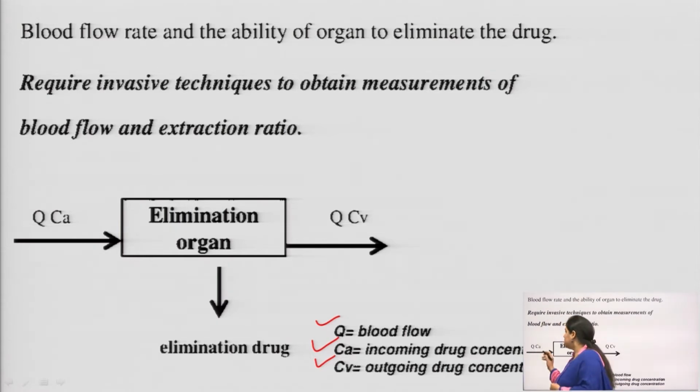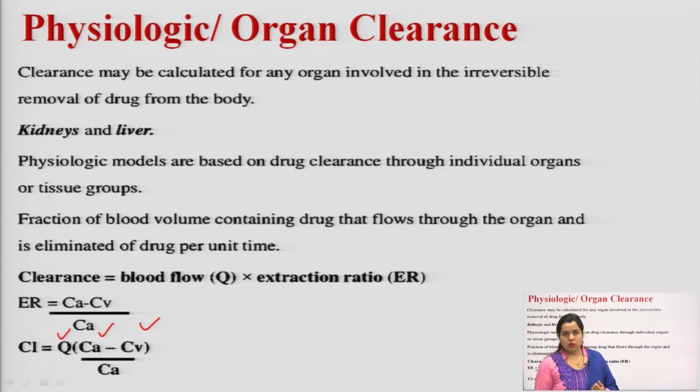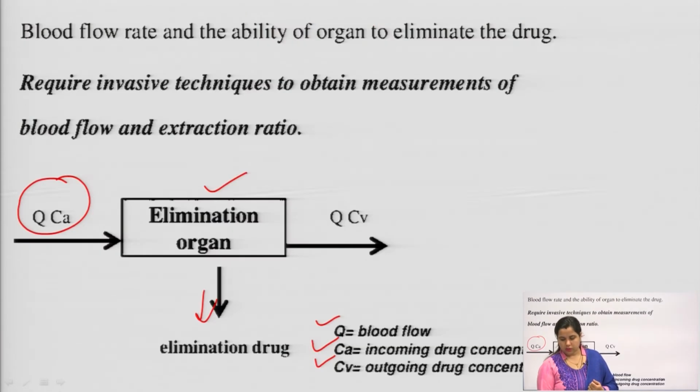How much drug is coming to an elimination organ, and how much drug is eliminated. There may be some variation sometimes. Basically, the extraction ratio can be calculated using this previous equation.